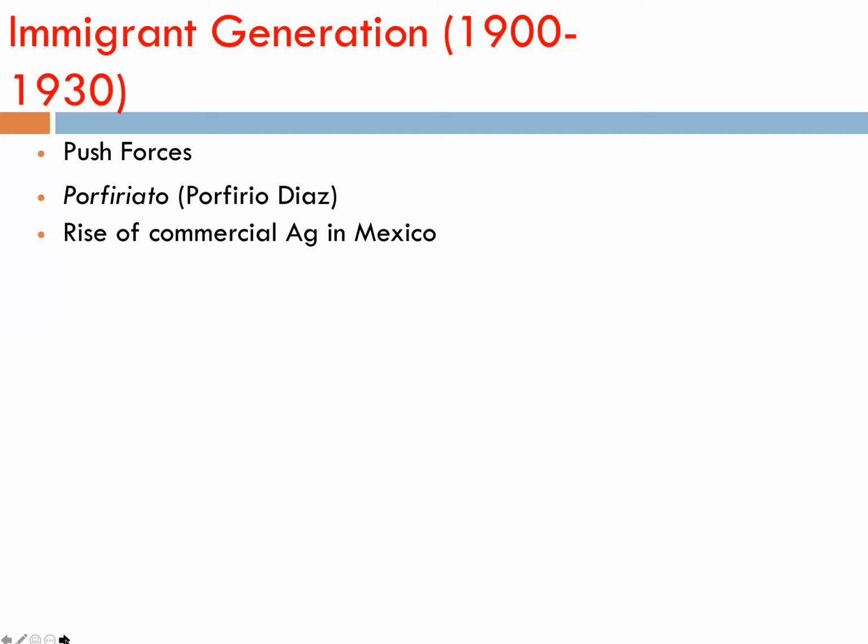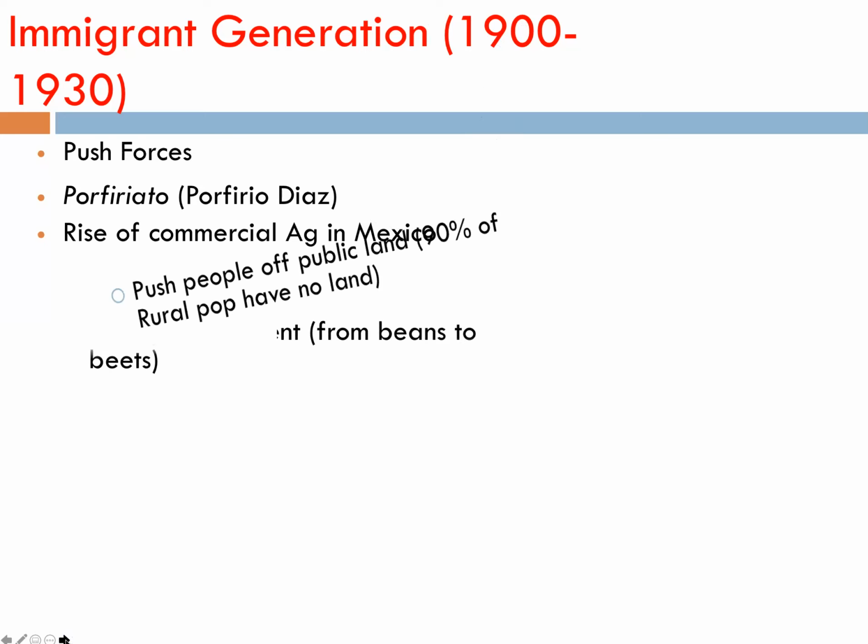There's a great example in northern Mexico where Yaqui native people had a stretch of land, and what he does is actually gathers them and puts them on a train and sends them down to the Yucatan. So it just gives you an idea of what kind of president this man was, where he literally moves people off the land. So this causes an upheaval by the working class people in Mexico.